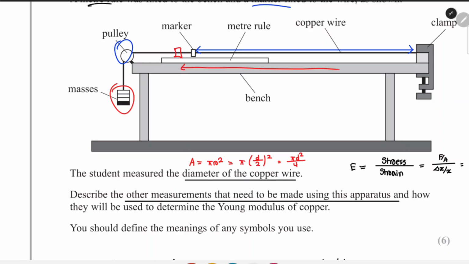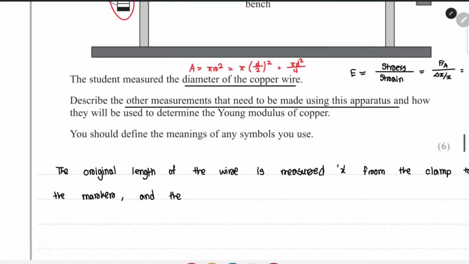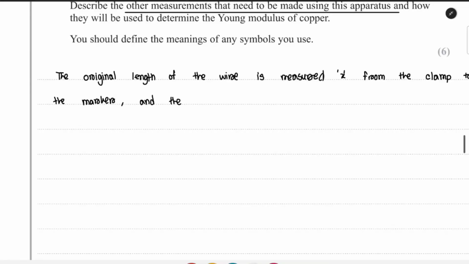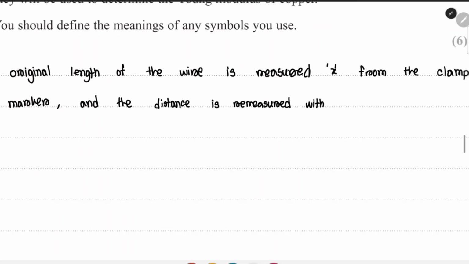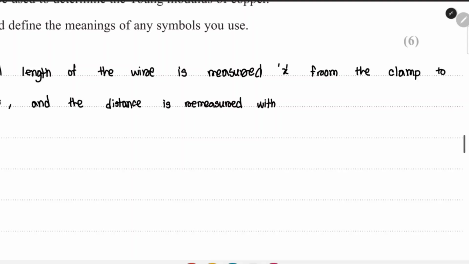The thing I'll measure is this whole length. This reduces the percentage uncertainty since I'm measuring a longer distance. So this distance is remeasured with loads added to determine the extension.